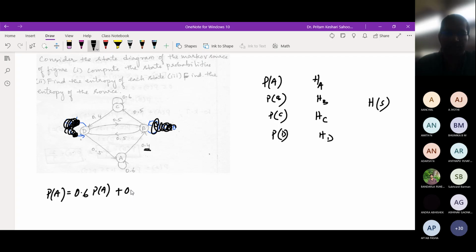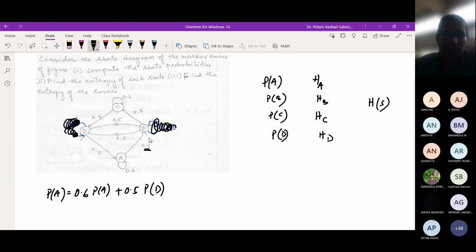So it will be 0.4 into probability... no, it will be not that. It is not dependent on state B, but state D is converting to state A at a probability 0.5. So 0.5 into probability of D.